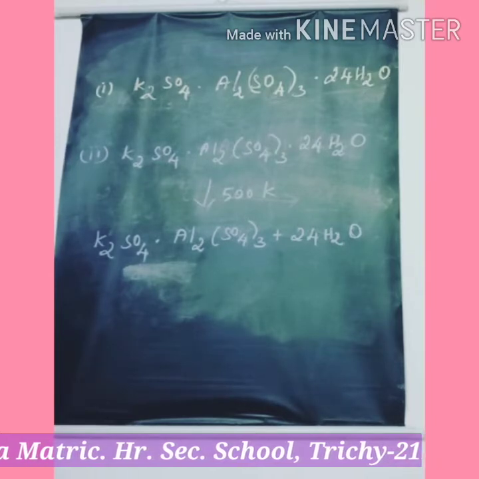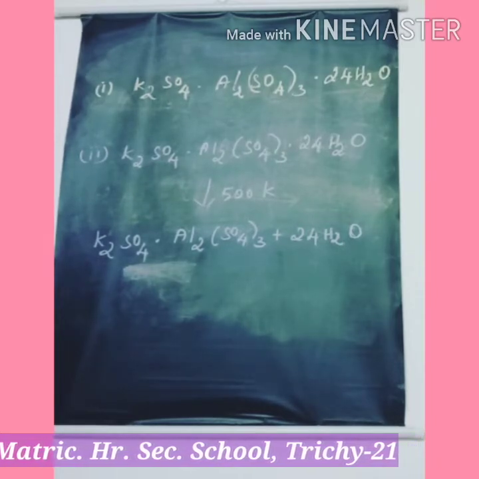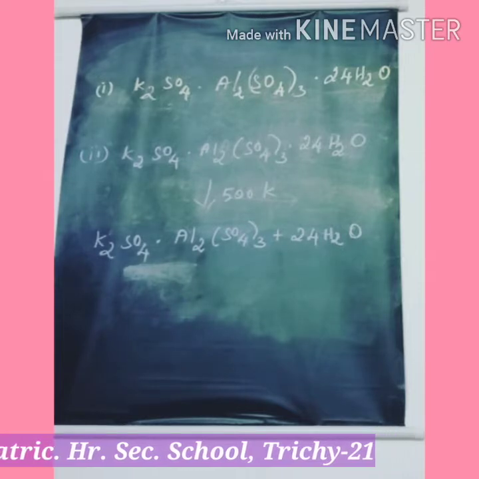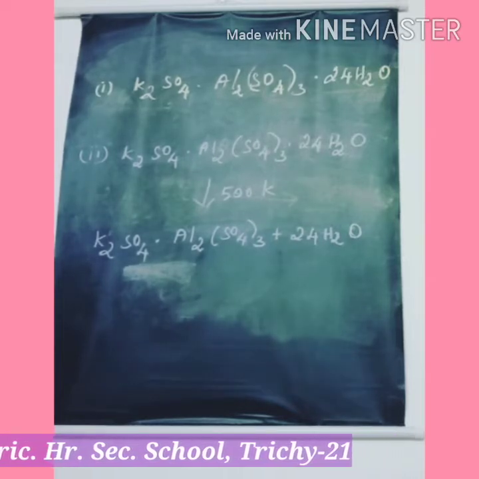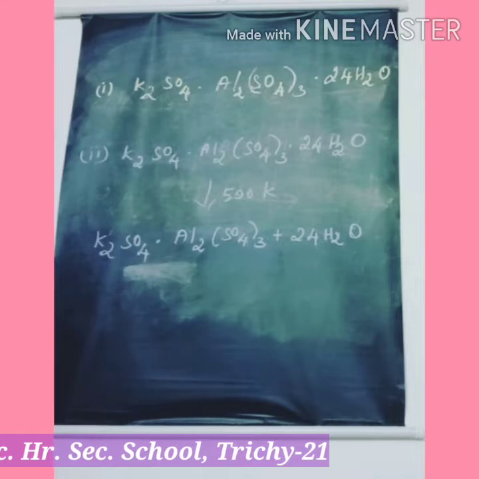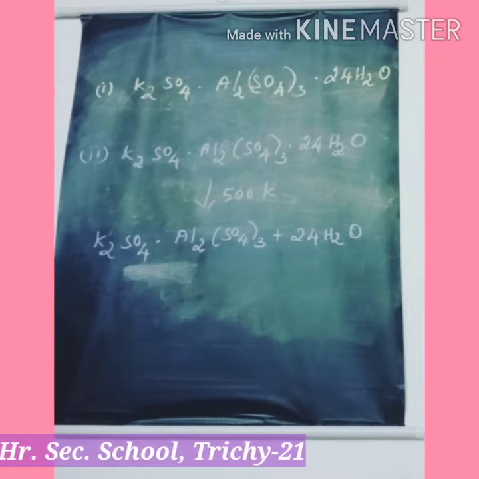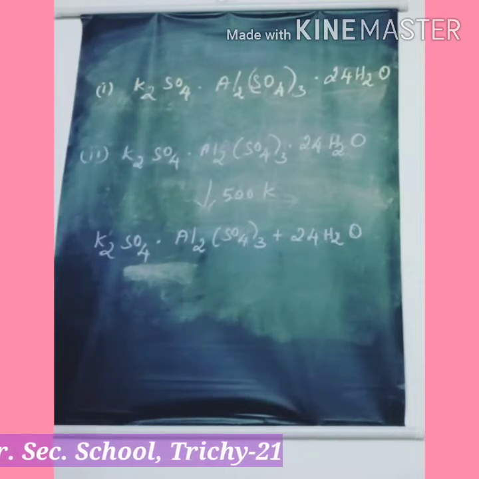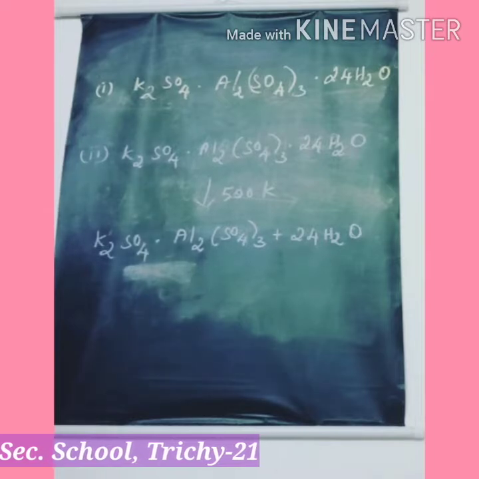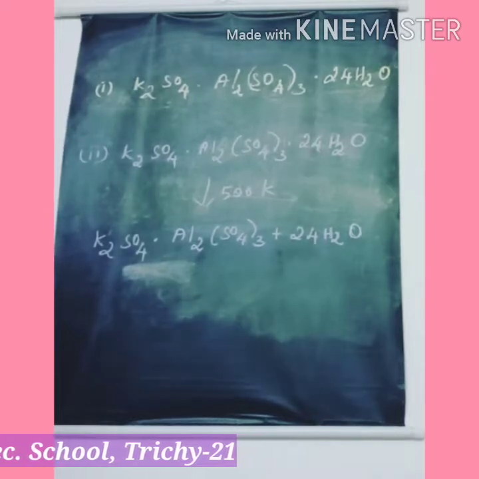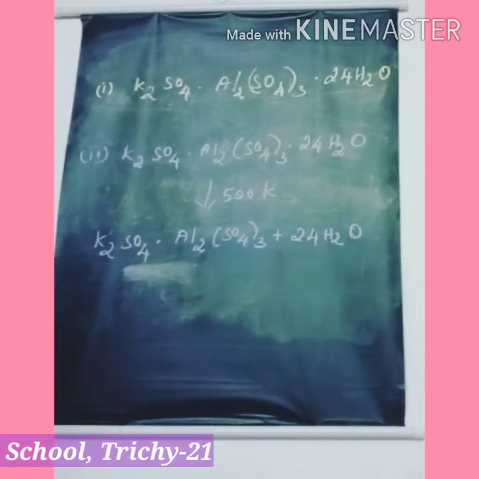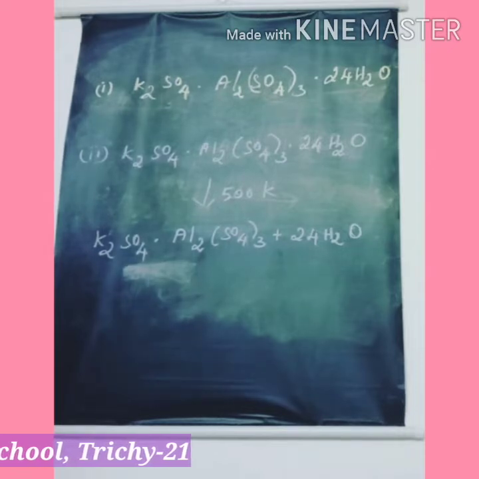The formula for potash alum is K2SO4 dot Al2(SO4)3 dot 24H2O. Okay, and then aqueous solution of B gives white precipitate with barium chloride and gives a red color compound with alizarin. So identify A and B.